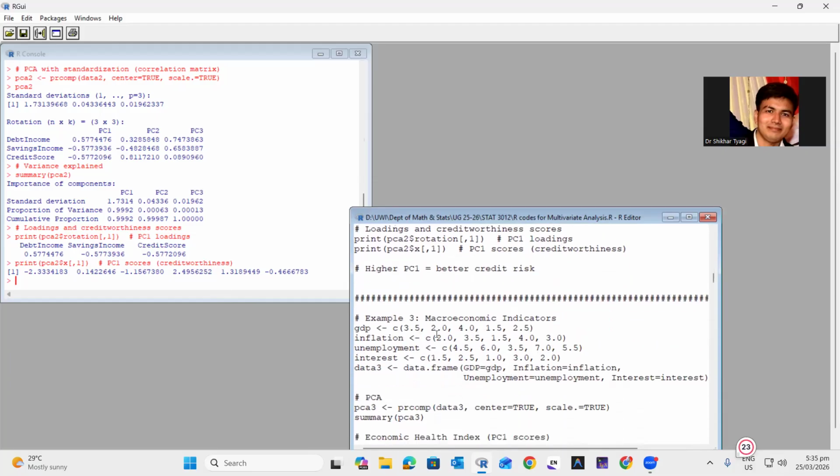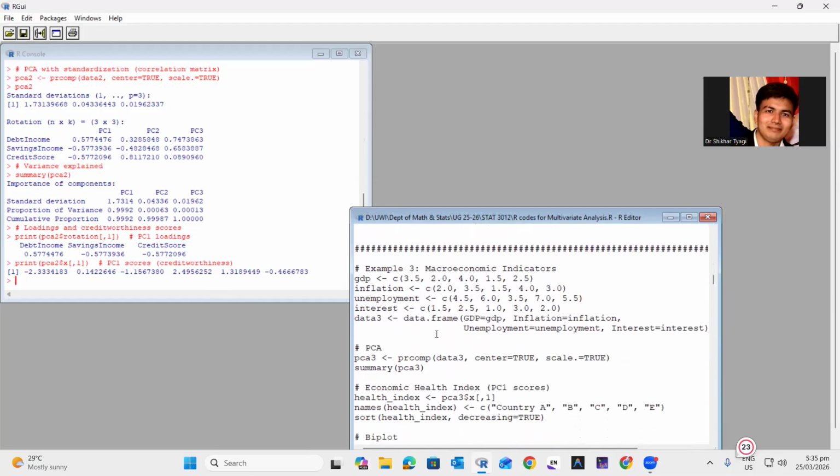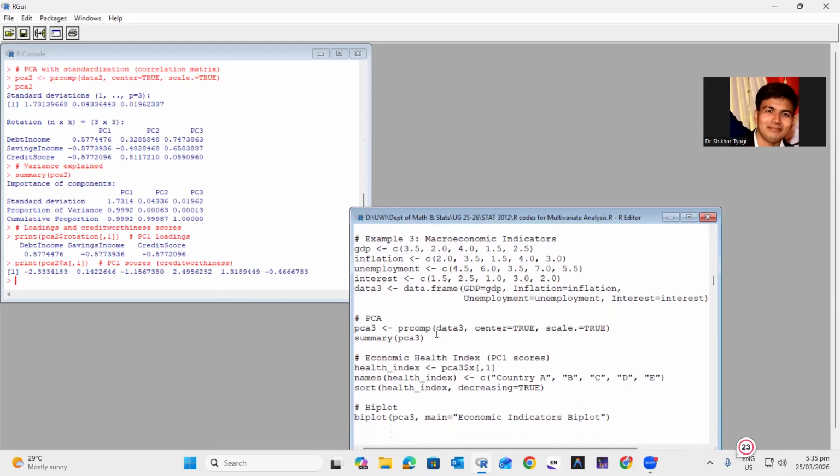Now we are going to the next example, on macroeconomic indicators. In this example, we have the GDP, which is 3.5, 2.0, and so on. Inflation we store as 2.0, 3.5, and so on in vector form.